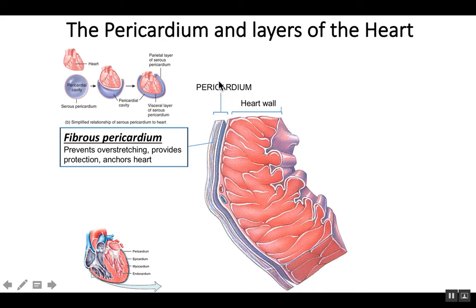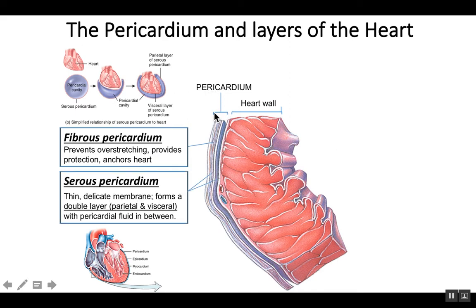So looking at the pericardium, there's a fibrous layer. Then we should be able to make out the two double layers of the serous pericardium, one being the parietal layer here, then a small little space filled with fluid called the pericardial cavity, then the visceral pericardium.